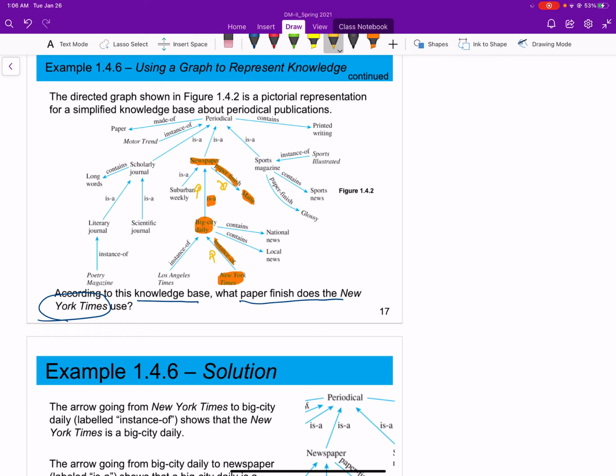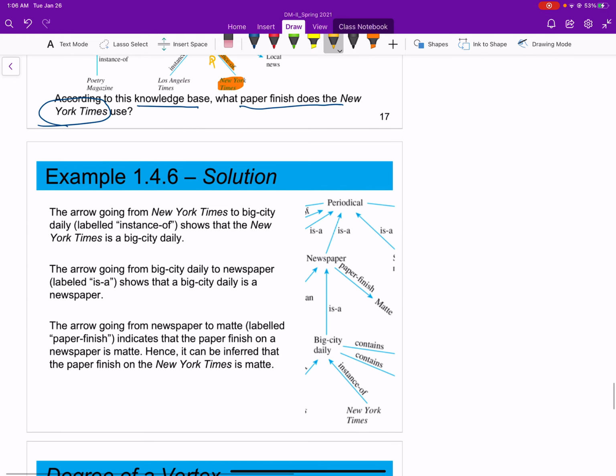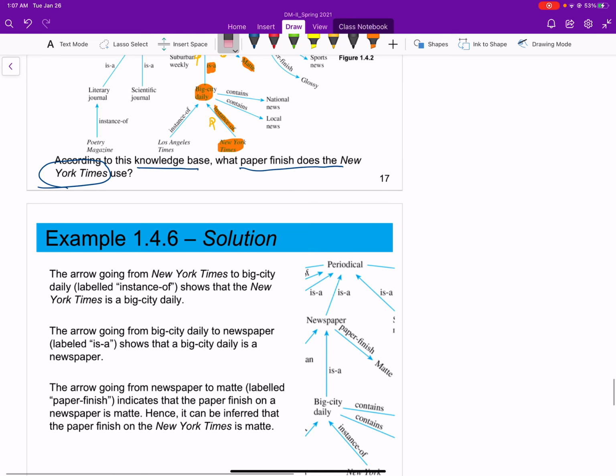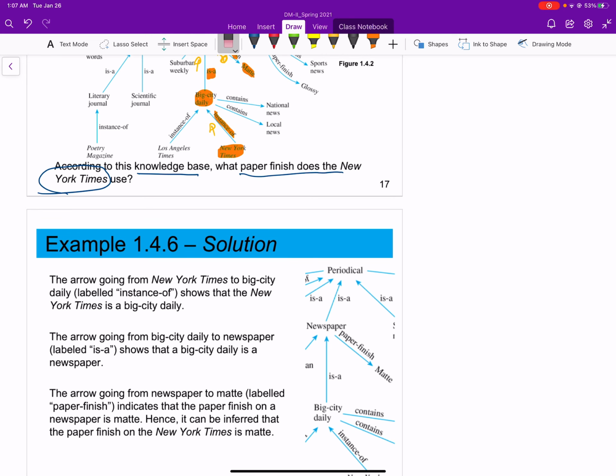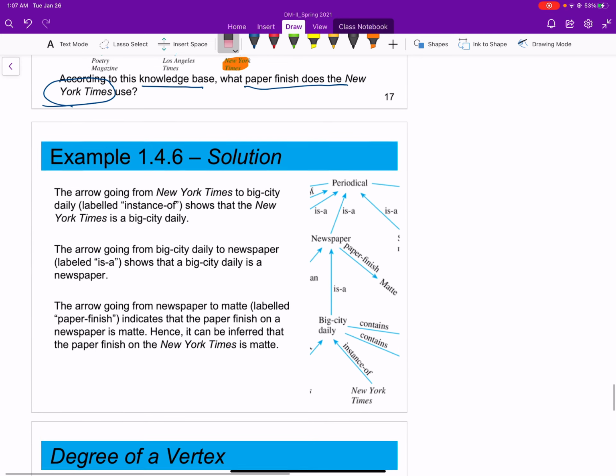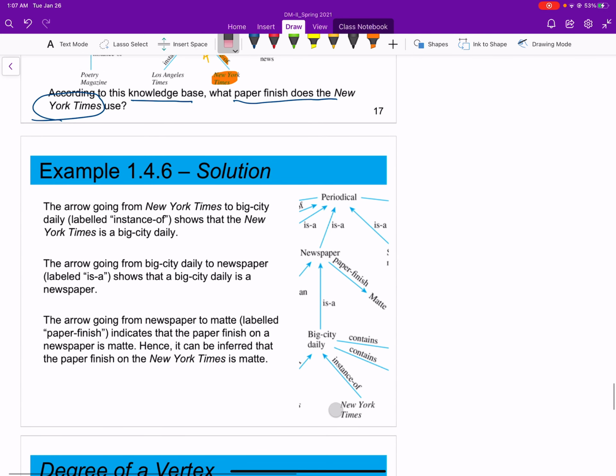All right, so that's how you move. Here, go down. All right, so let me read this now. The arrow going from New York Times to Big City Daily is labeled instance of. Okay, that's what we learned right now. It shows that the New York Times is a Big City Daily, which we have discussed already.